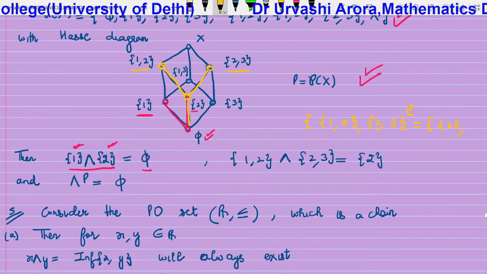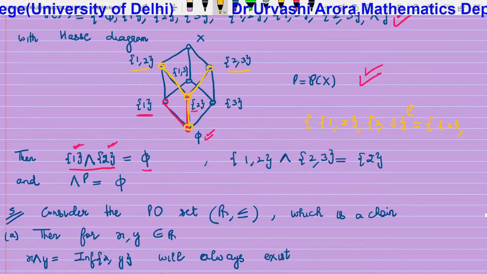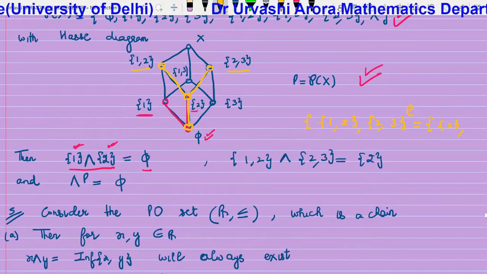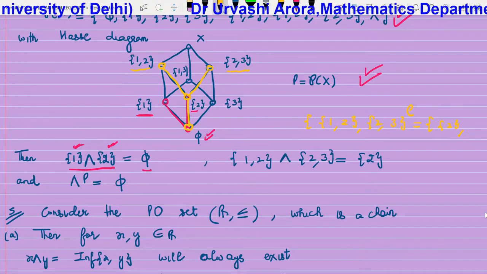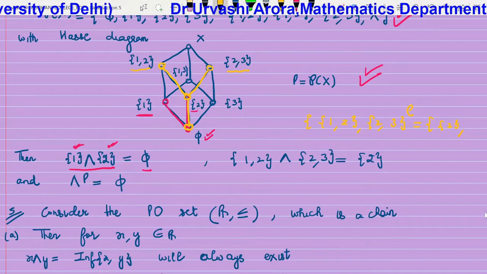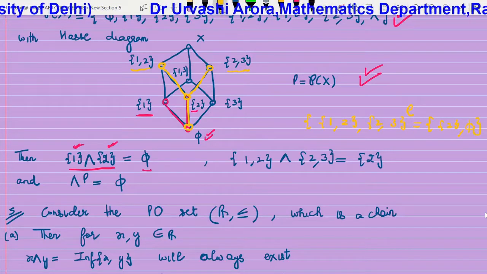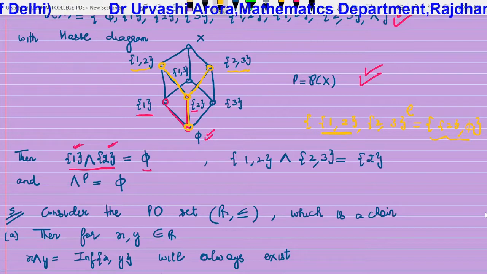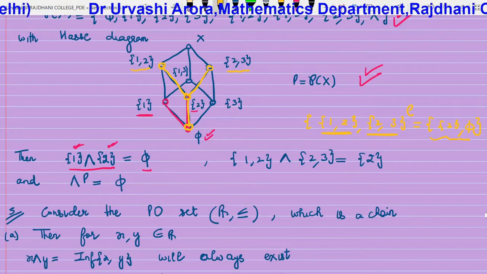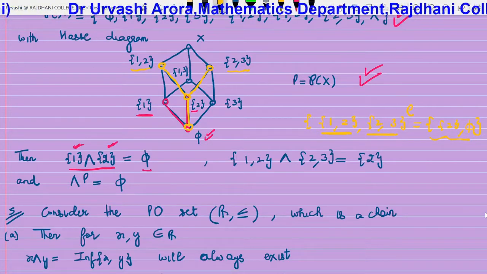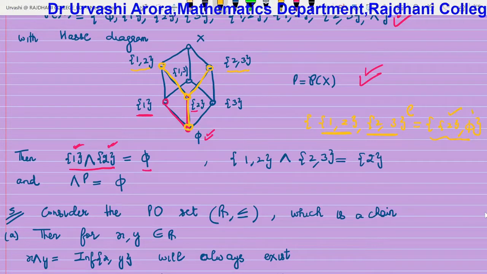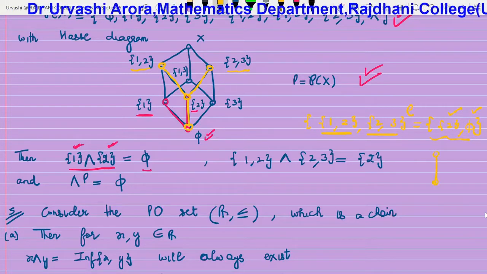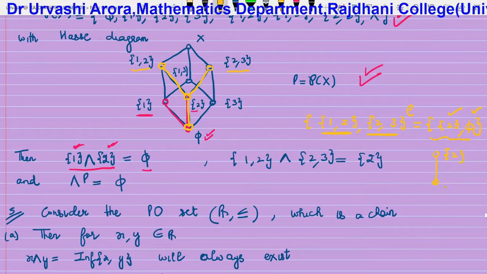Phi is also another lower bound that we have for these two elements, because we can reach the bottom, phi, from these two elements. So phi is also acting like a lower bound. So there are two lower bounds that we have for the elements {1, 2} and {2, 3}, but out of these two, you have this {2} here and this phi here.